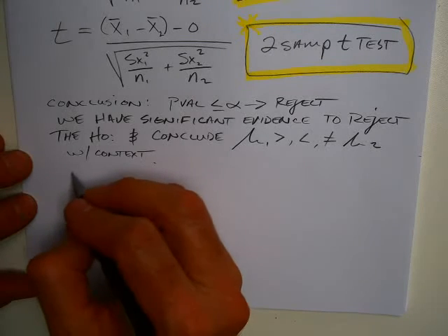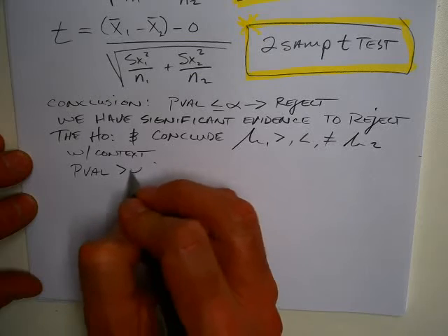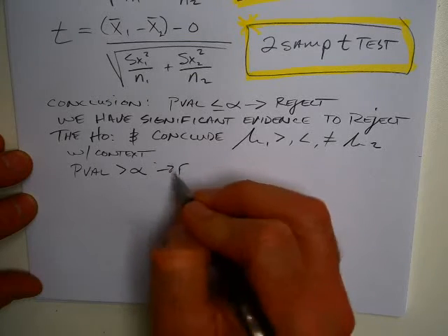However, if your p-value is greater than alpha, you fail to reject.